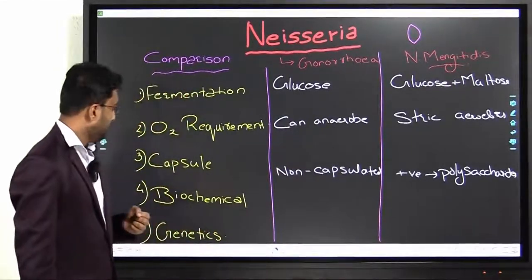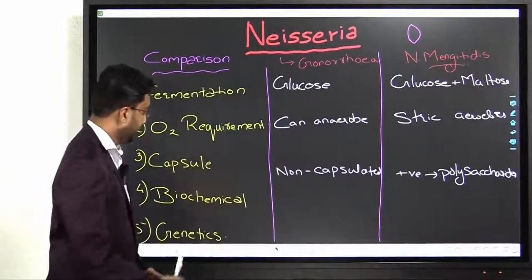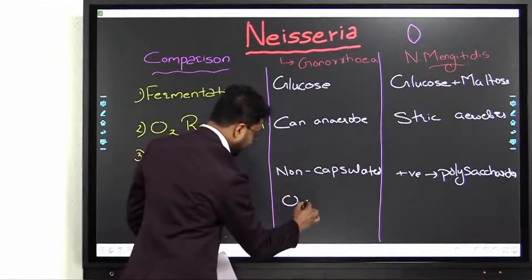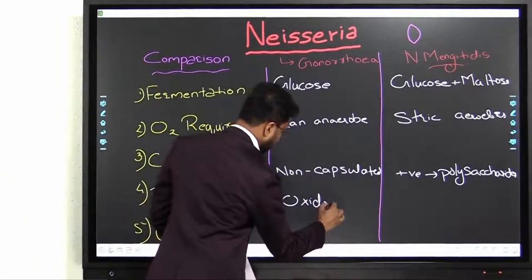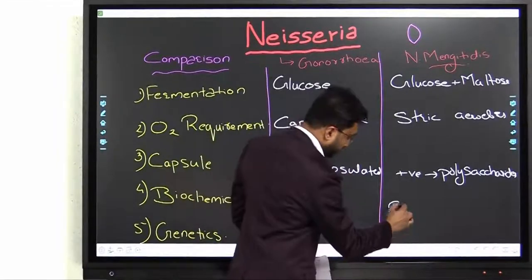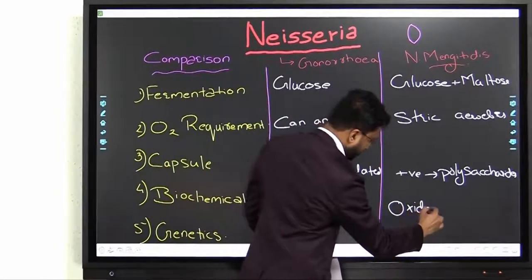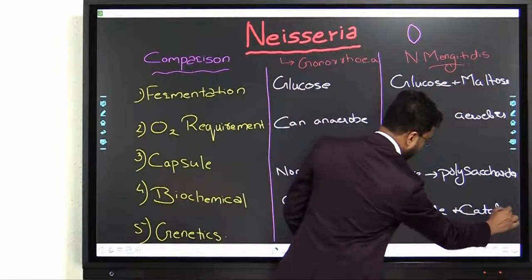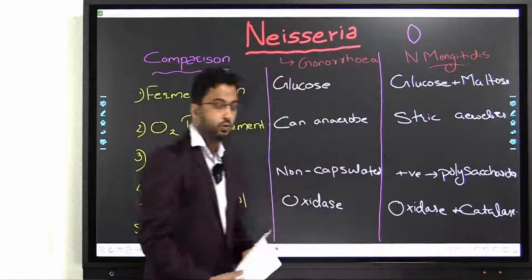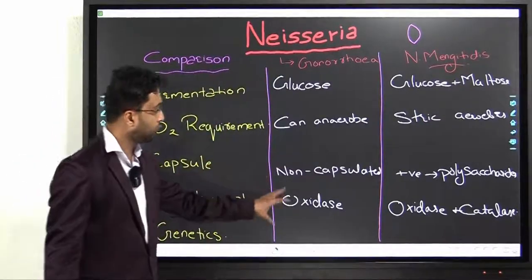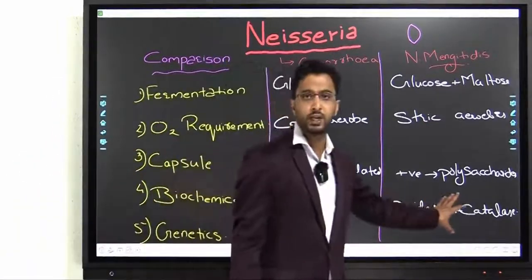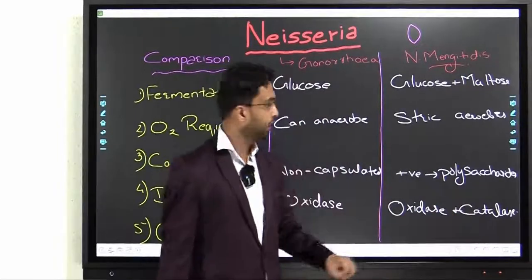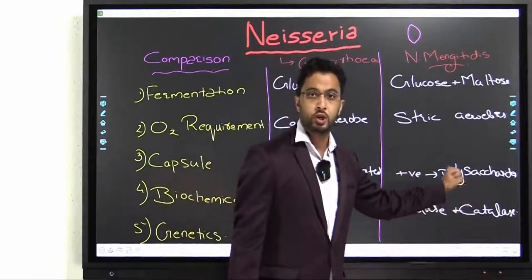Now biochemical reactions, important. Both of them are oxidase positive. Meningitidis are oxidase plus catalase positive, so two positivities.